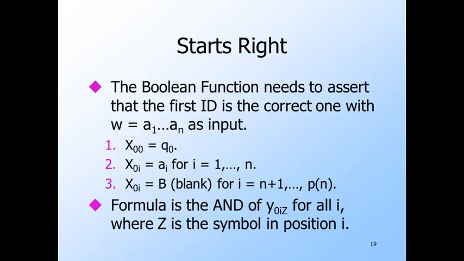So we can write starts right as the AND of y sub 0, 0, q0 and y 0, 1, a1, the first symbol of w, and y 0, 2, a2, and so on, and after, let's say, y 0, n, an, then you've got to have y 0, n plus 1, blank, and so on.